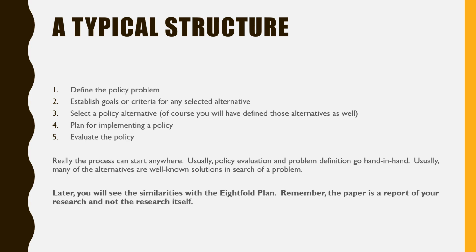Next, you're going to select an alternative, and you might have several alternatives. I would hope that you'd have at least 2 alternatives. 3 is better. 2 alternatives would be the status quo versus, well, what if we come up with my new policy alternative? But a third good alternative would be a competing plan for solving a problem.